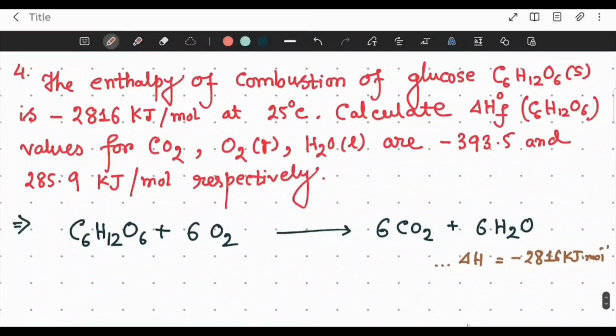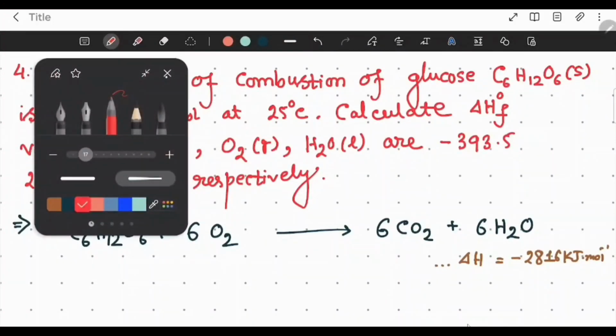For this, it is not important, this is just representing the components. So del H values for these are given. But now we have to just understand how the questions will be like this.